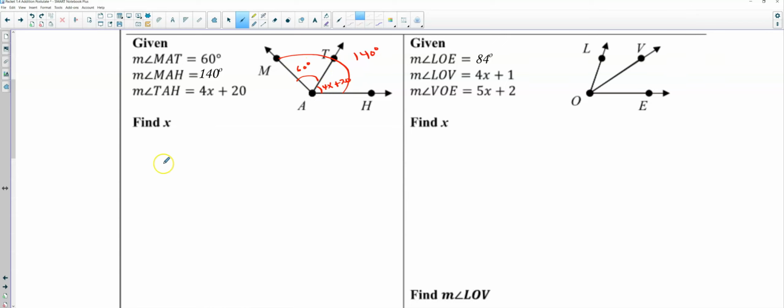We know that by the angle addition postulate, the measurement of angle MAT plus the measurement of angle TAH equals the measurement of angle MAH.